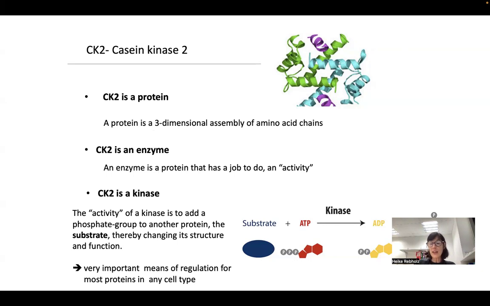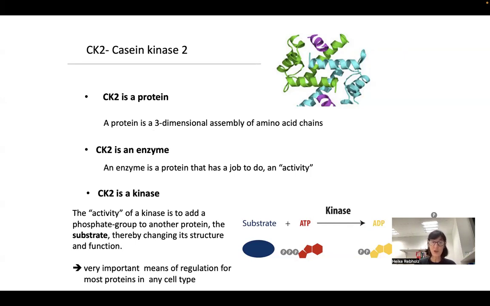But then that DNA is translated into a protein, and the protein is a three-dimensional chain composed of things called amino acids that perform a variety of jobs in all of our cells and in our bodies. And CK2 is not only a protein, but it's also an enzyme, which means it's a protein that has a job to do, an activity to perform.